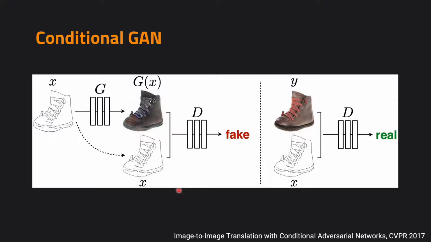That's why it's called conditional. Of course, this is the negative example for the discriminator, and the positive example would be the original image pair. In the training data, we know what the full original image is for this boundary map, and then we can use them to form the positive example for our discriminator.